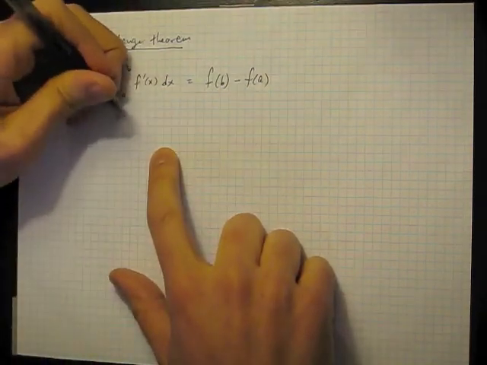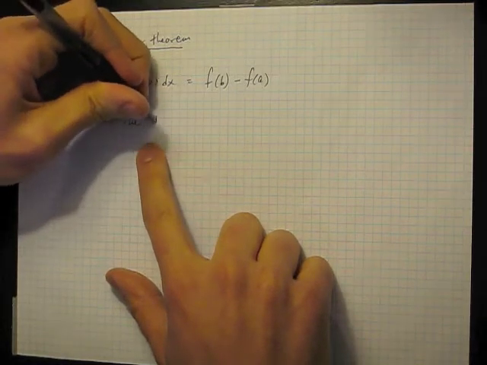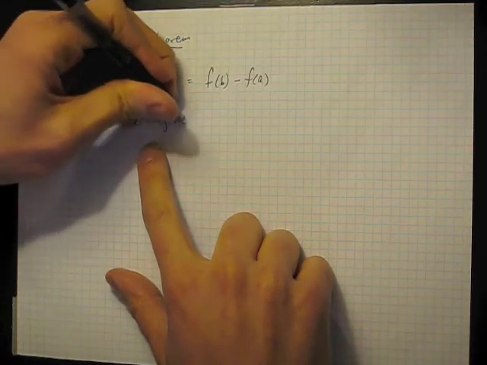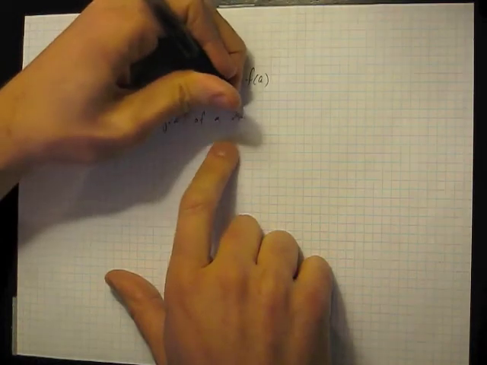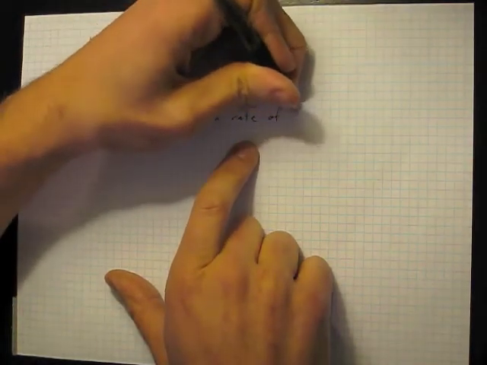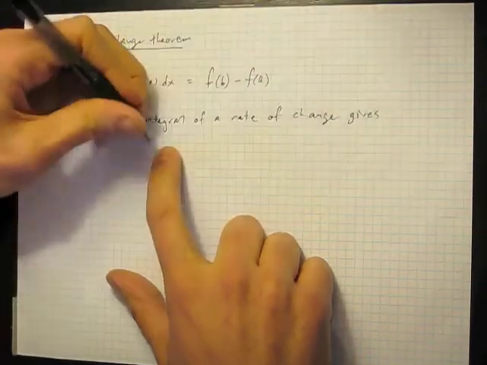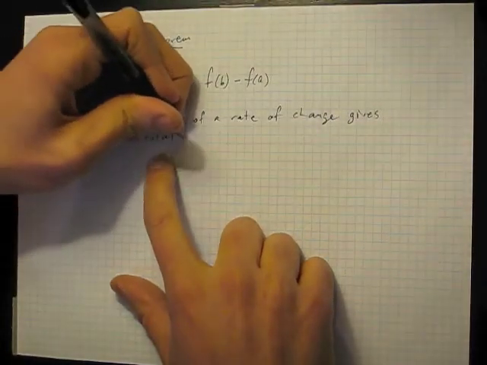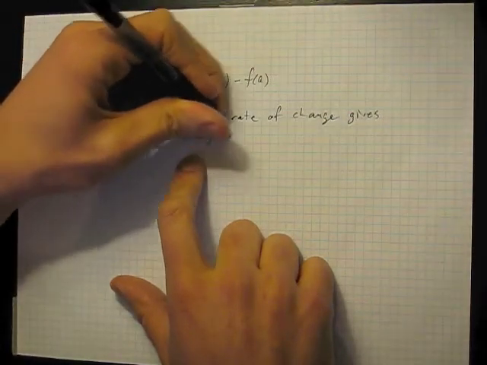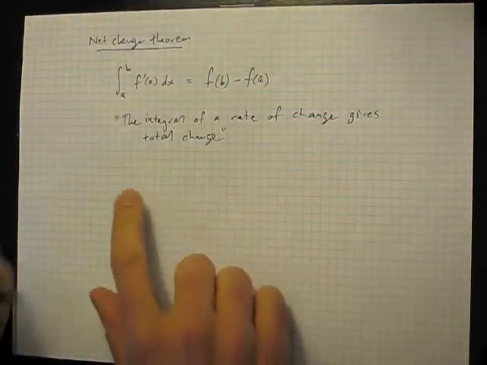It says the integral of a rate of change gives total change. Okay, that's what the statement says.